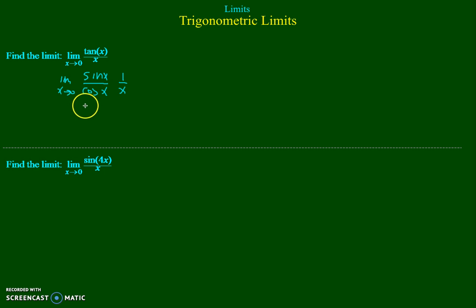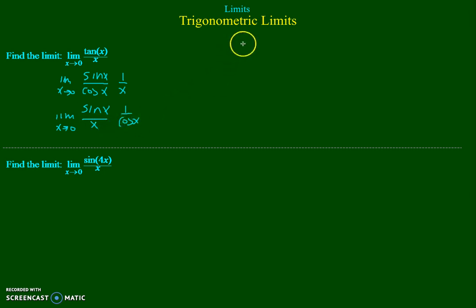So let's do sine x over x times 1 over cos x. Now, one of the properties of limits that we learned we can apply here, and that is the limit of a product is the product of its limits. So we can split this apart into two limits.